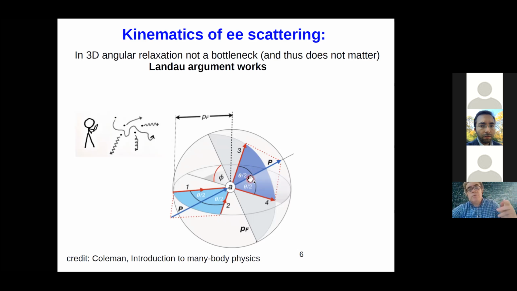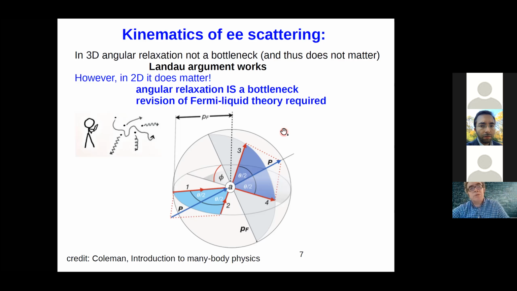If I have two electrons with momenta at an arbitrary angle to each other, colliding with total momentum conserved, they can just rotate about their common momentum axis, and in this way scatter on the Fermi surface by an arbitrarily large angle without breaking momentum conservation.